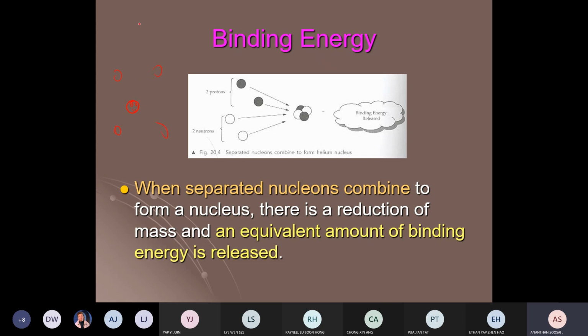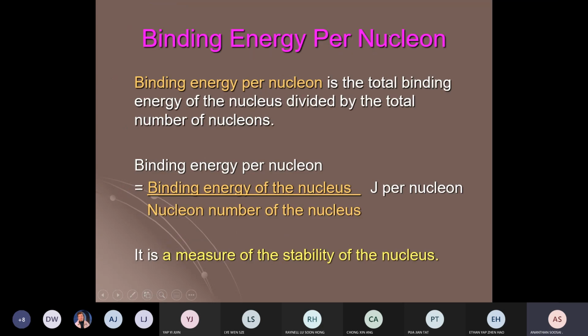Let's say the amount of energy required is 100 MeV. To form this nucleus back by combining these four again, the amount of energy involved is also 100 MeV.